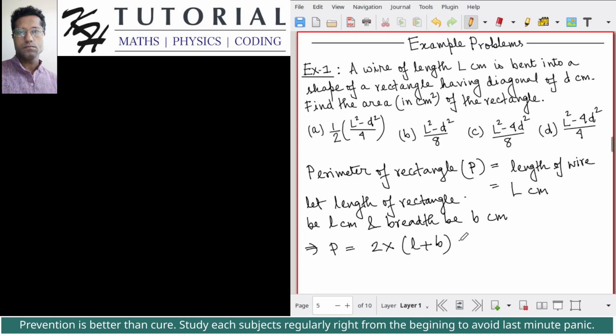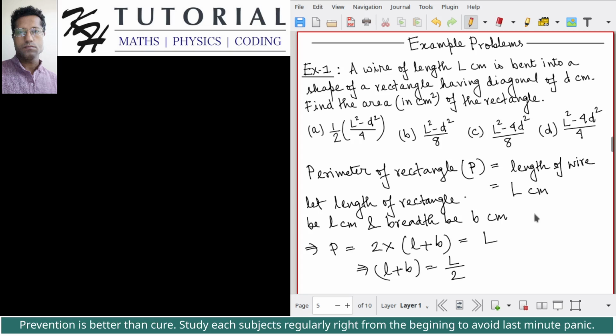So this is equal to L, because we know that the length of the wire was L centimeter and it was bent into the shape of a rectangle. So from here we get l plus b is equal to L by 2.